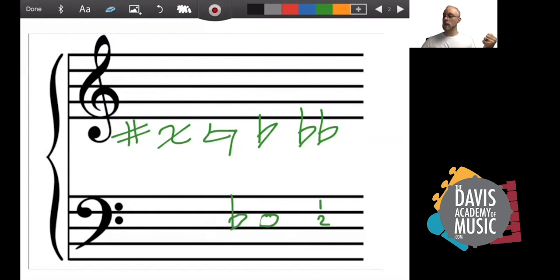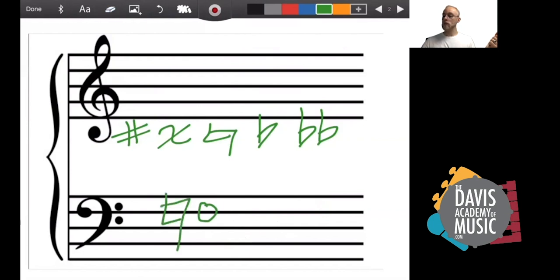So just to give you a bad example of what you shouldn't do, you shouldn't just put it up here, or you shouldn't put it real far down below, because then that gets a little bit confusing. So you always want to be really neat and tidy with notation and try to modify the space that the note is on. Now for the line, it's the same thing. If we were to use, let's say, this line here, which would be an F, and let's draw a natural.